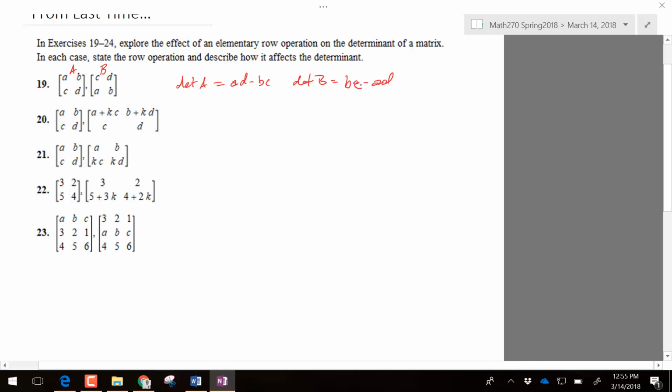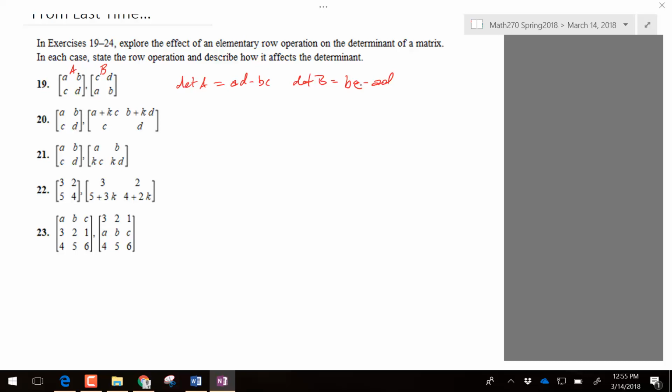So what is the difference between these two determinants? Yeah, they're negatives of each other, right? They're opposites. Now let's look back at the matrices themselves.